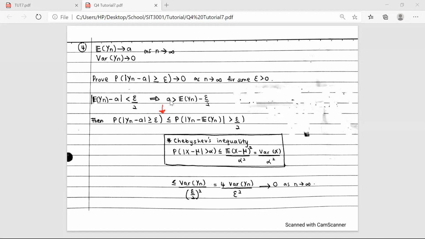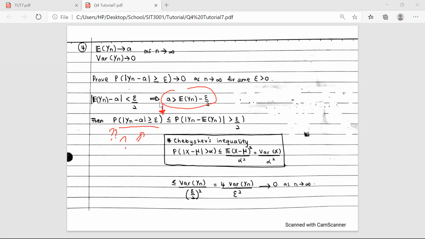You replace this thing with this one, but this thing here has an absolute value. So this step here is not convincing.